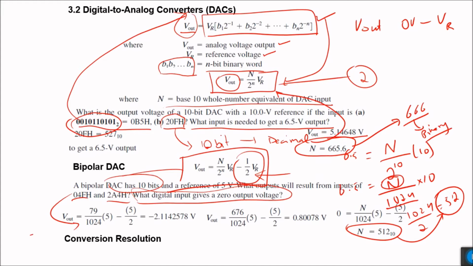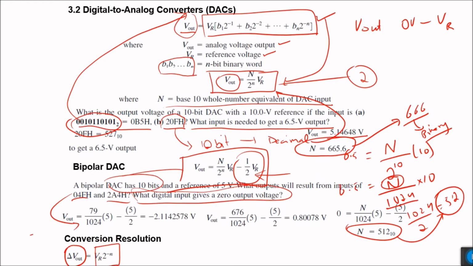And again, we have also covered the conversion resolution, but just to give you a revision of that concept, I'm just stating here that the conversion resolution, as this is digital data, there must be a resolution and there must be a step involved in there, so that delta V out is the step of voltage produced at the output, and that is equal to VR into 2 raised to power minus n.